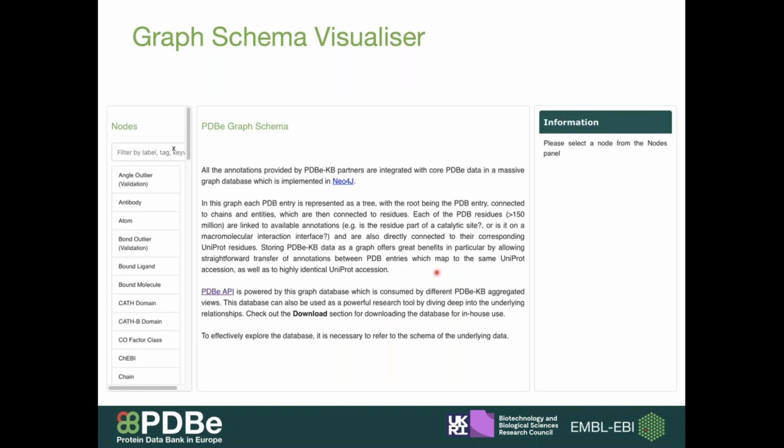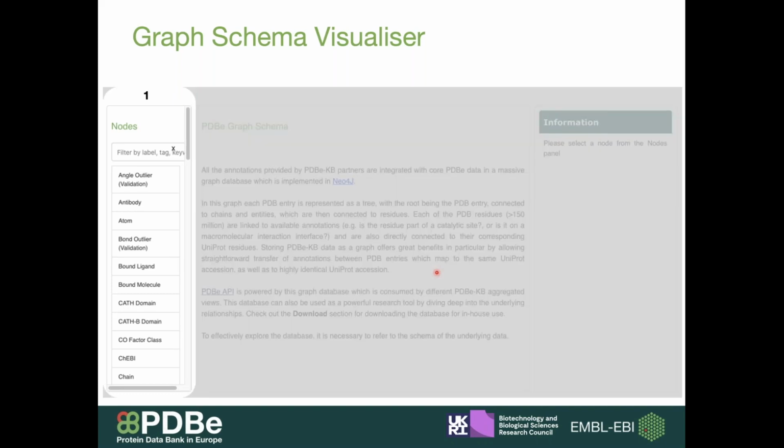The graph schema visualizer is a web-based visualization tool which has 3 sections. On the left side is the list of node types that are present in the database, which is more descriptive and not the actual label used in the database.